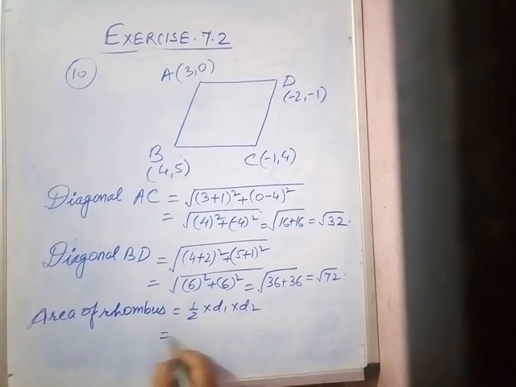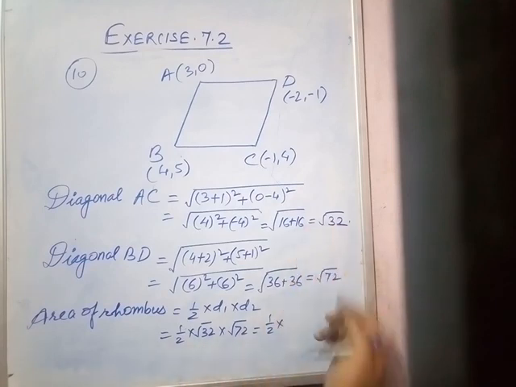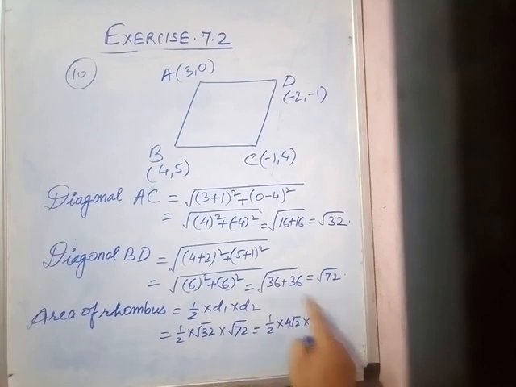So it becomes half into root 32 into root 72. 32 may be written as 4 root 2 and 72 may be written as 6 root 2.